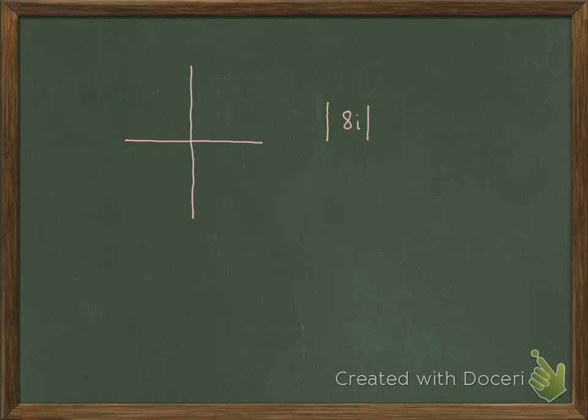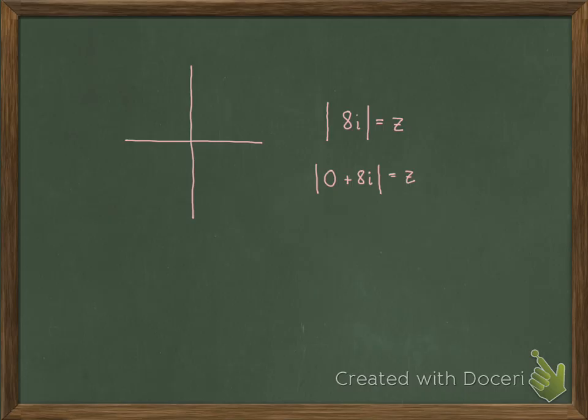We are told to find the length of that particular vector, represented by 8i. Now, if it's only 8i, the imaginary part of that is 0. So the real part of that number is 0 plus 8i, which is our standard form of that complex number.